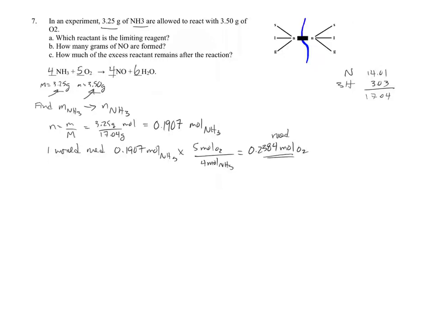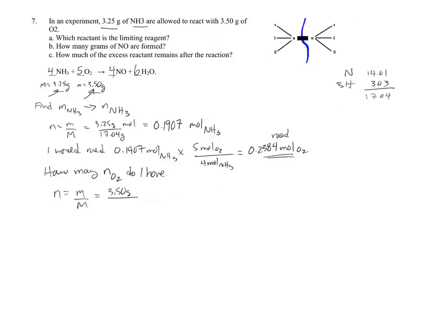Now let's see how many moles of oxygen I do have. I can figure that out easily. Moles of oxygen is equal to the mass over molar mass. The mass is 3.50 grams.